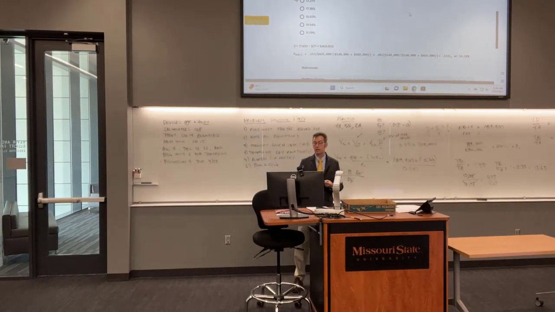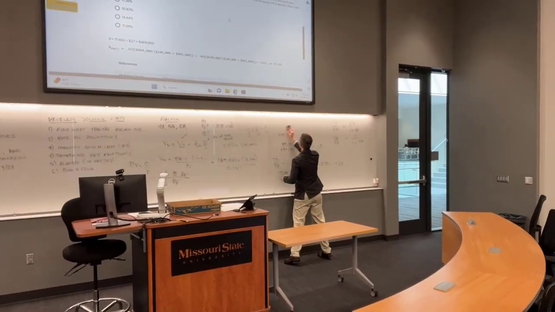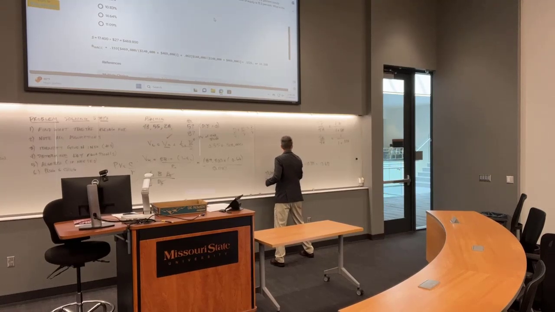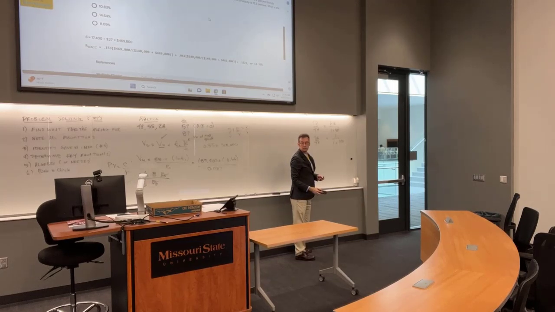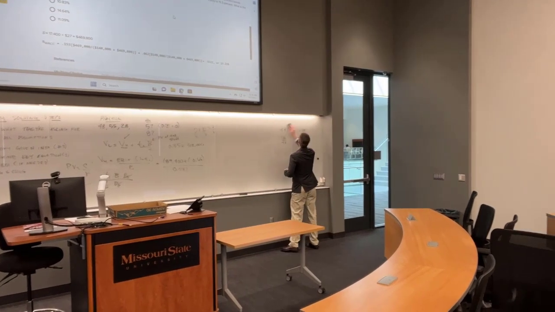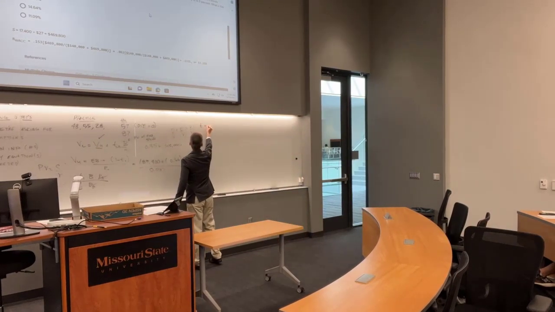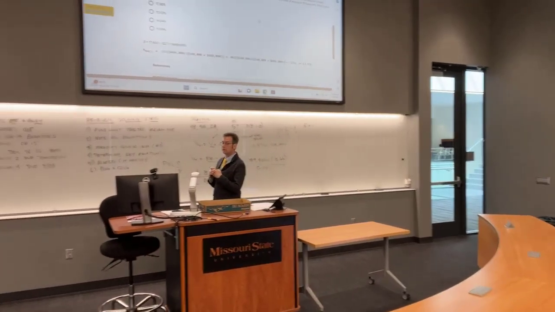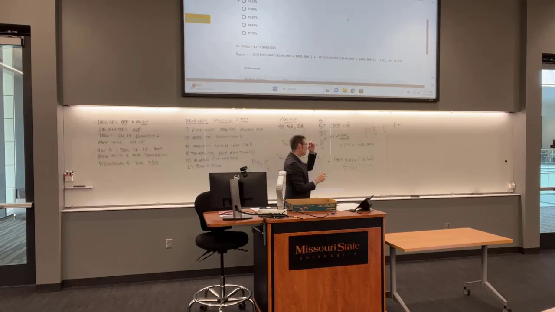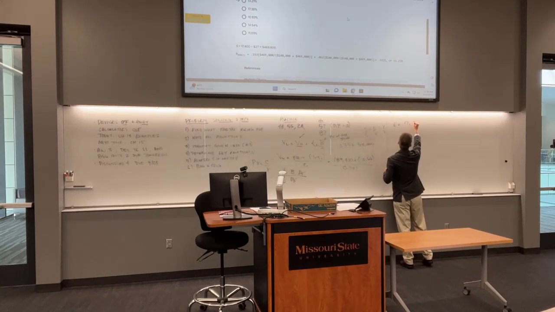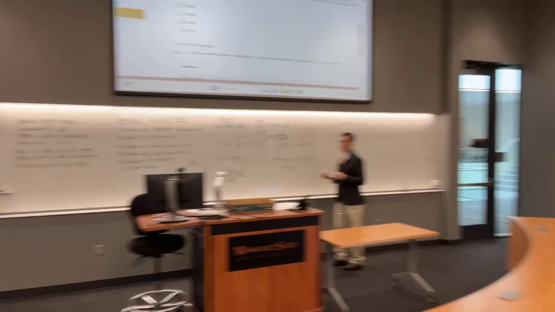So we can figure out the amount of equity. Which do you guys prefer, E or S? You don't care? Okay. E is equal to, how are we going to calculate the market value of the equity? Shares outstanding times price per share. 17,400 times 27, is that correct?